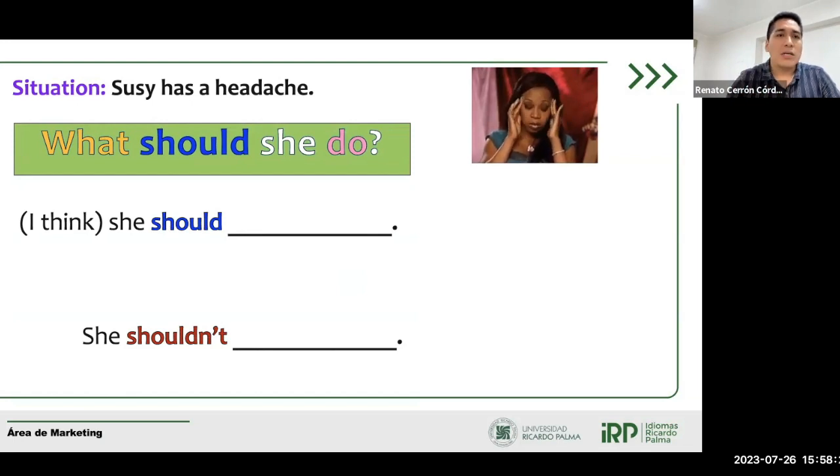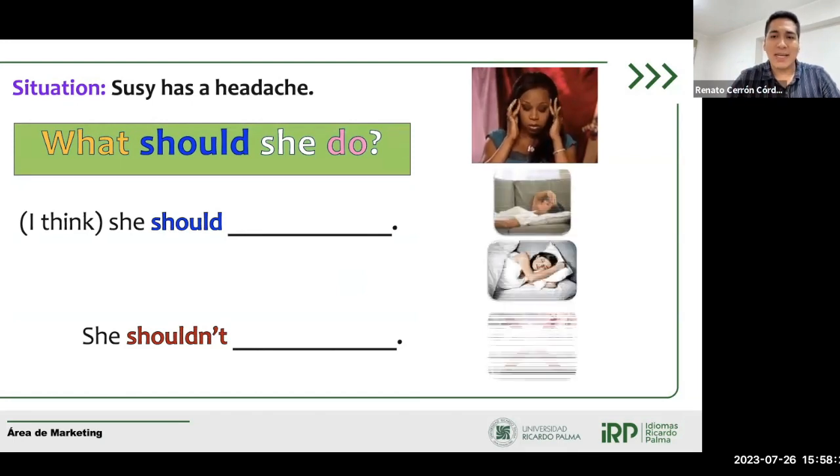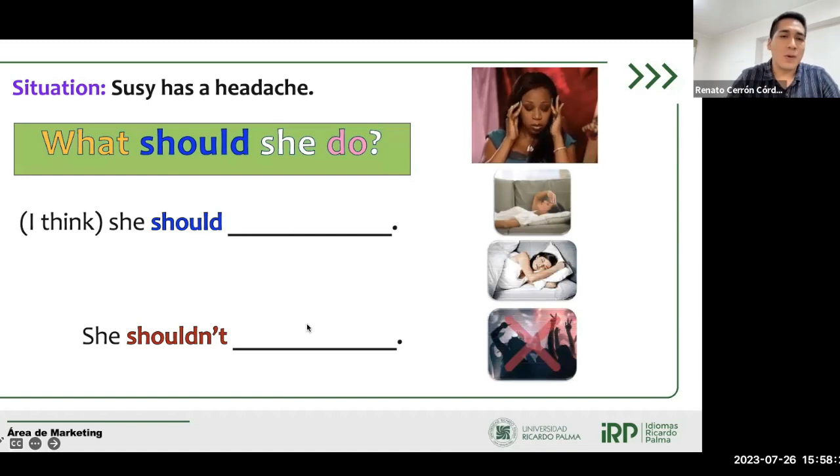Let's give her some advice. Take a look at the pictures, guys. What recommendations can you give her? Correct, that's right. I think she should lie down. Well done. Terrific. I think she should go to bed.